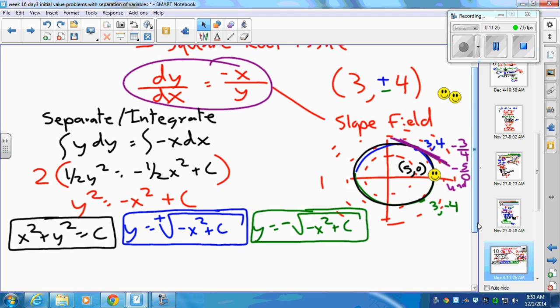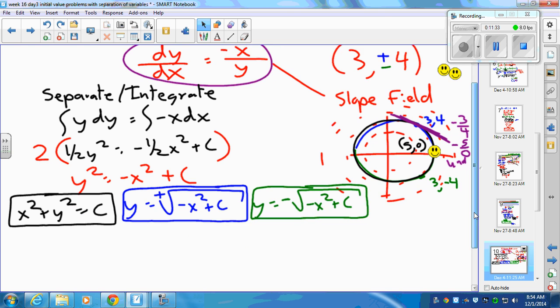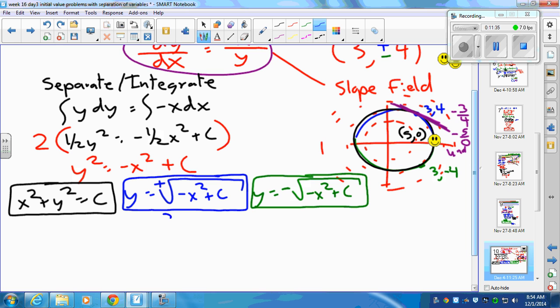But if I do give you a starting point, you need to make sure you know it's either the blue or the green. Okay? So the initial condition here, if it was (3, 4), would belong to blue. If it was (3, negative 4), it would belong to green. And if you had either one of those over here, you will still get the same c value.